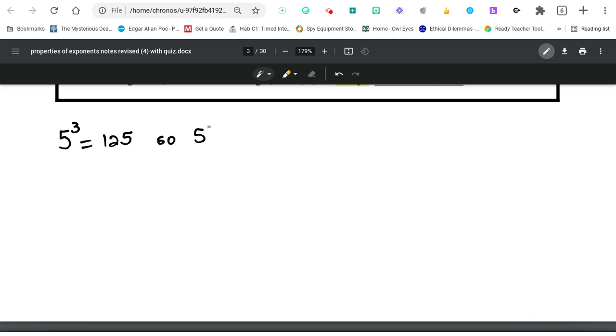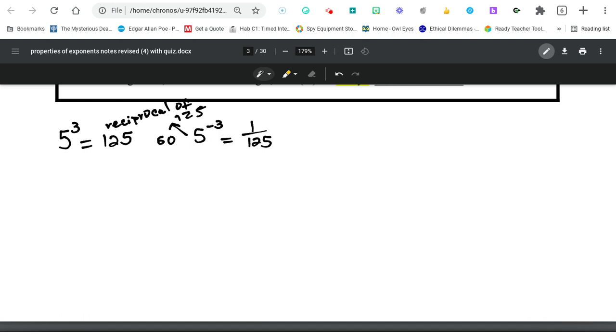So 5 to the negative 3rd power will be the reciprocal of 125. That just means flip it. So it would be 1 over 125. Okay, that's option 1, to think about the positive exponent version.